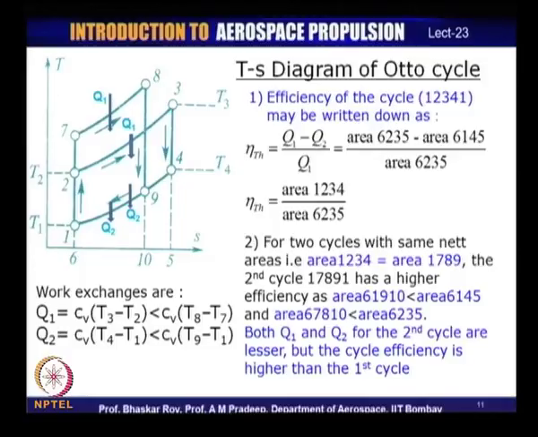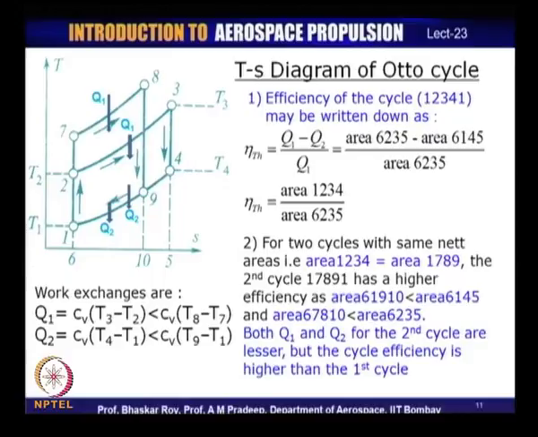What happens is, in the second cycle, which is 1, 7, 8, 9, 1, this actually would have a higher efficiency, and this higher efficiency is because the area 6, 1, 9, 0 is actually less than the area 6, 1, 4, 5.